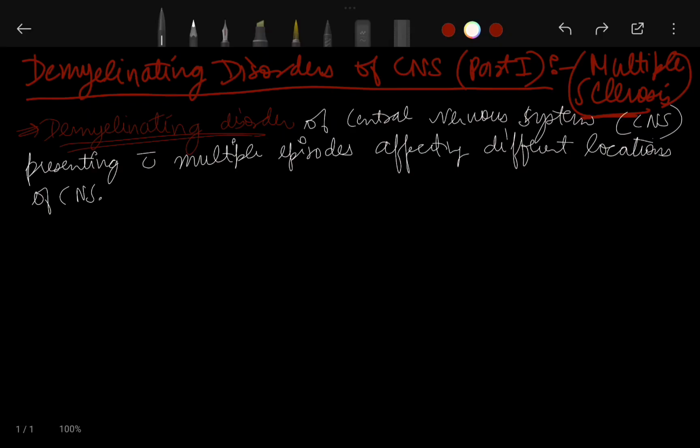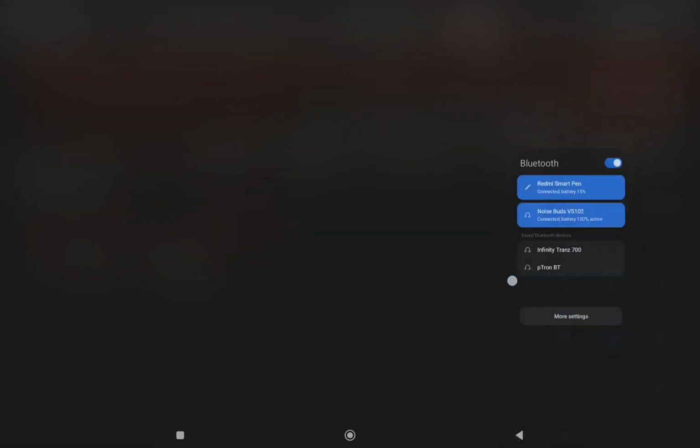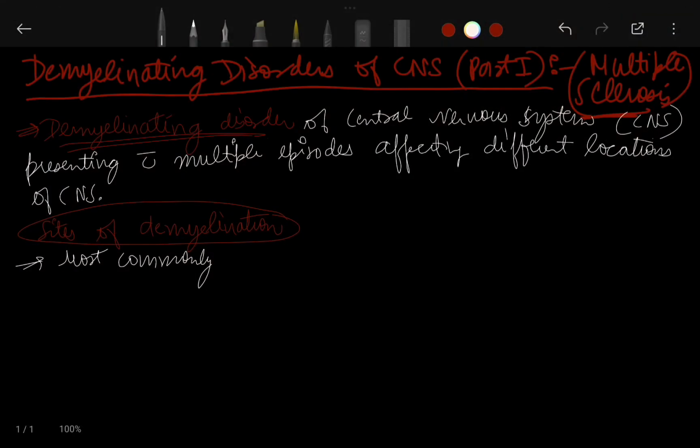Now, sites of demyelination. What are the sites of demyelination? The most commonly affected is the periventricular region in this case.